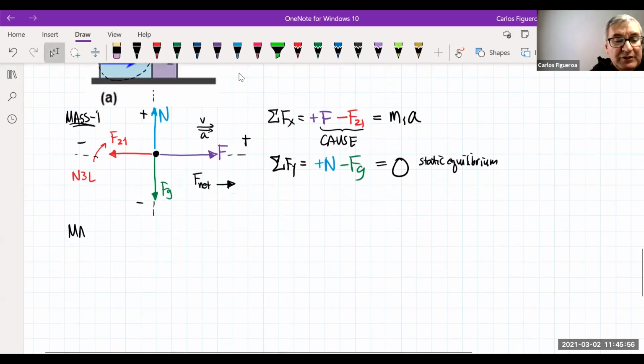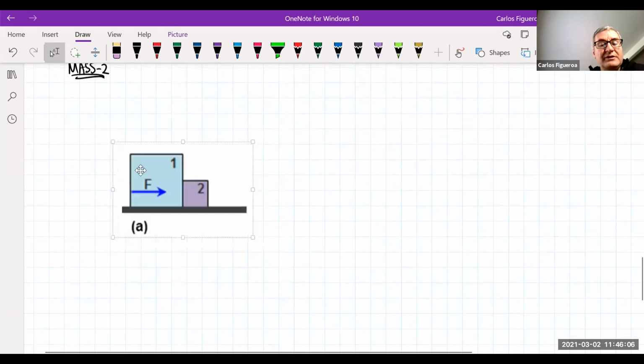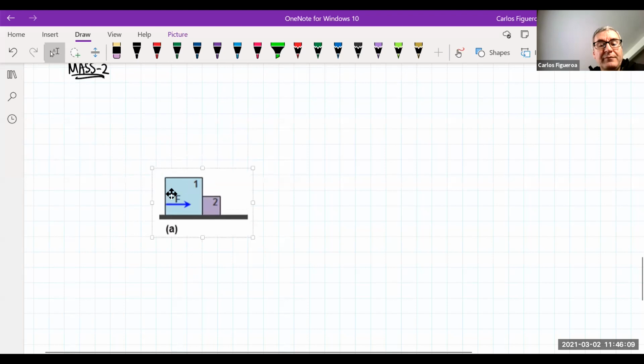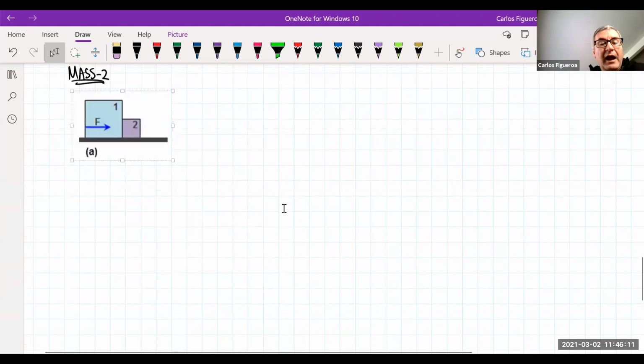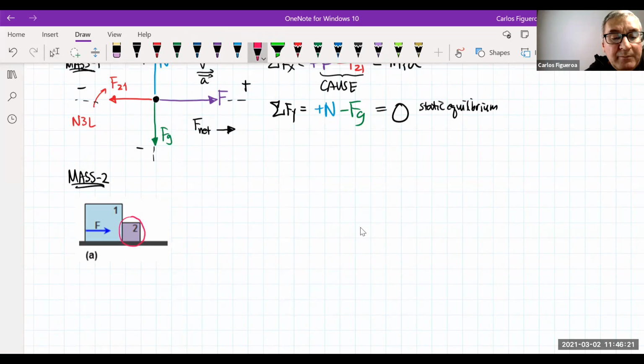Let's go to the next one. So now let's focus on mass 2. What I really want to do is go in and do this guy again, and ask the question, let's isolate block 2. When I isolate block 2, what is making block 2 go forward?